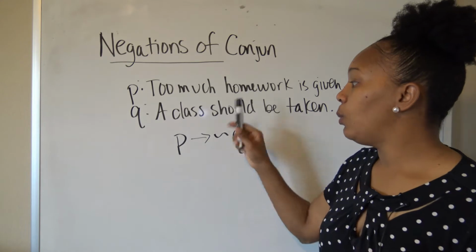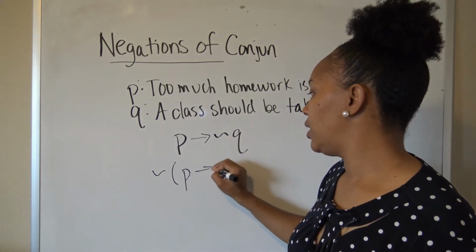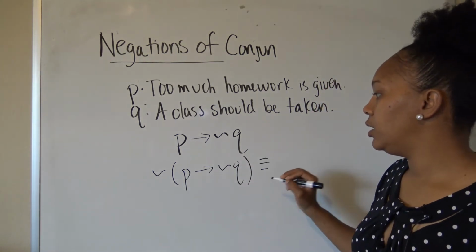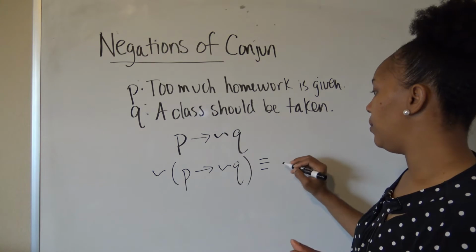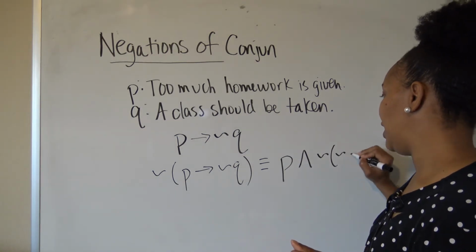All right, so now we want to actually negate this statement. So in order to negate this statement, remember the negation of the conditional is the first statement and the negation of the second statement.